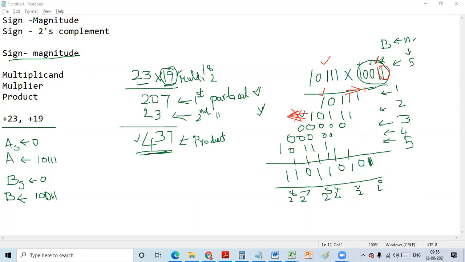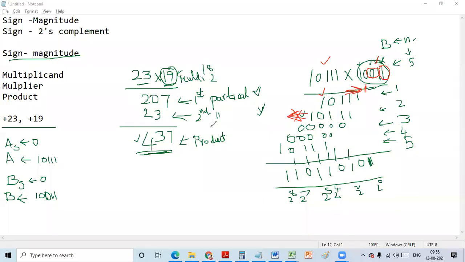If my inspecting bit is 0, do I need to add anything to the accumulated result? Adding all zeros changes nothing in the magnitude, but you still have to shift by 1 bit. This shifting has to be done. Am I clear? So every time, starting from the least significant bit, all the n bits of the multiplier need to be inspected.